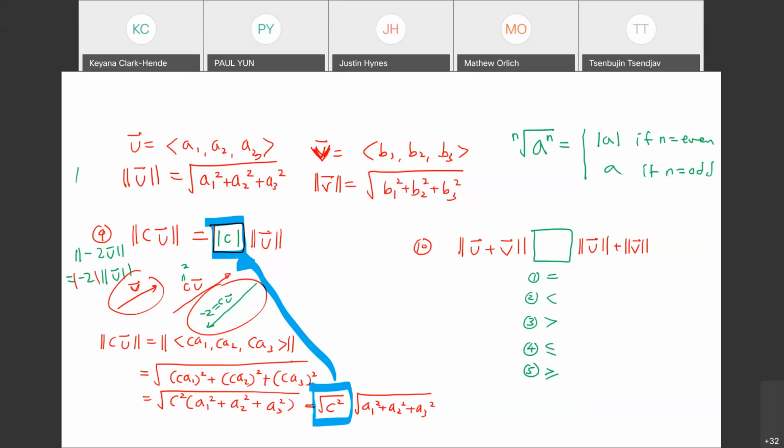All right. Let me ask you, what is the answer for number 1, 2, 3, 4, 5? One more time. Type it up. Everybody, come on, type it up. Which one are you gonna write?